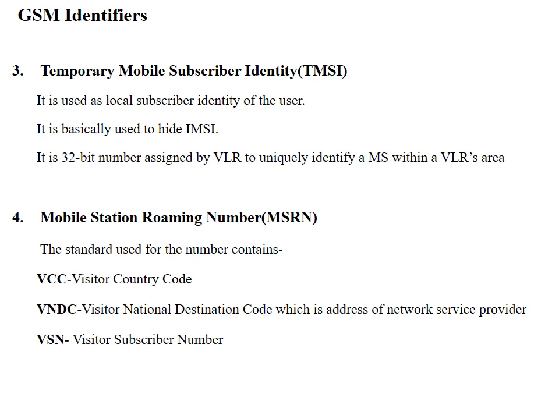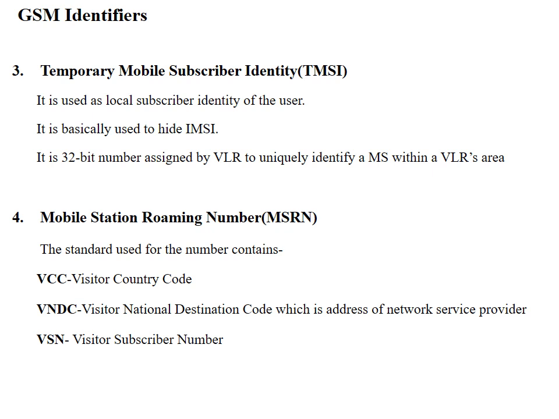The next GSM identifier is the Temporary Mobile Subscriber Identity, TMSI. This identifier is used as a local subscriber identity of the user. It is basically used to hide the International Mobile Subscriber Identity, IMSI.